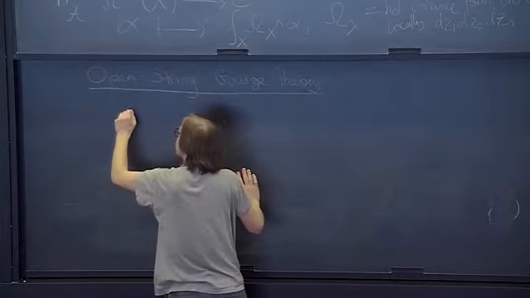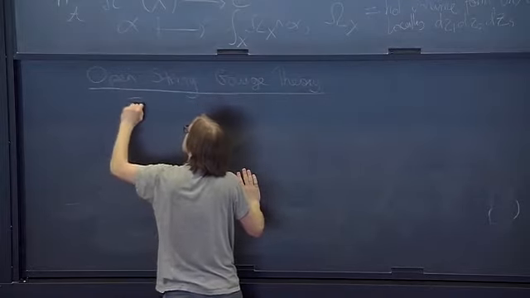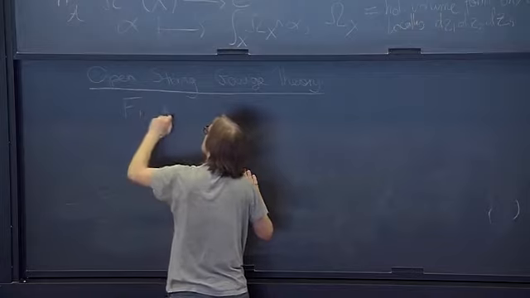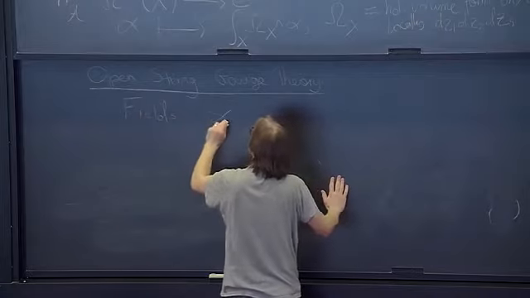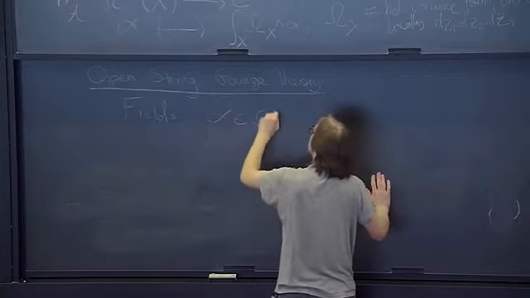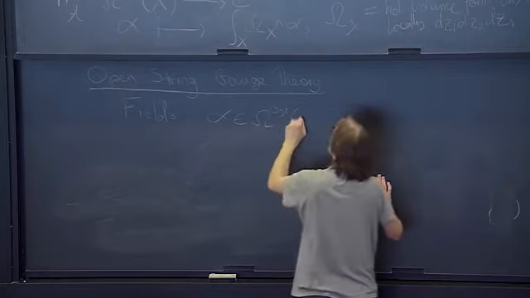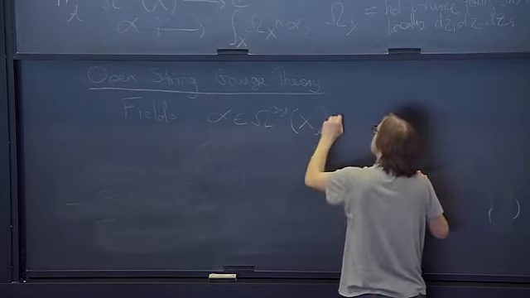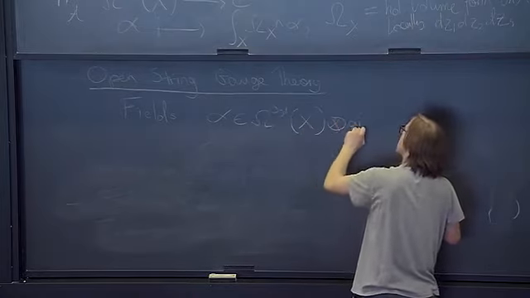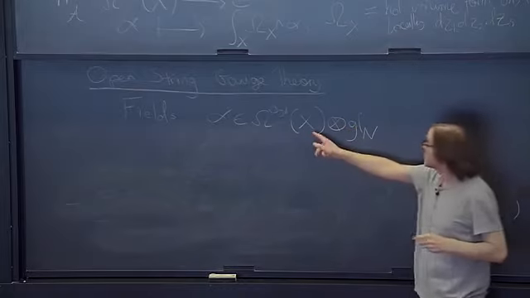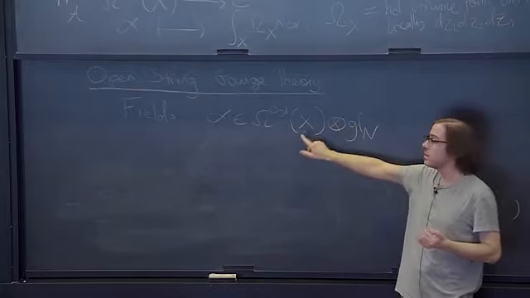Well, the fundamental fields are going to be alpha, which is a 0,1 form on X, tensor GLN. So this looks like it should be a gauge field.